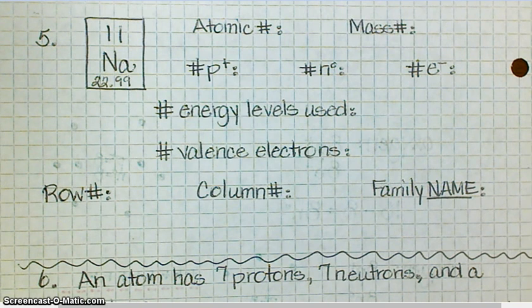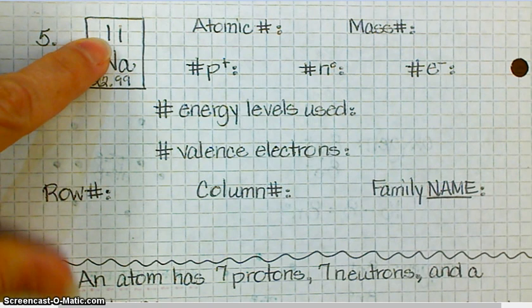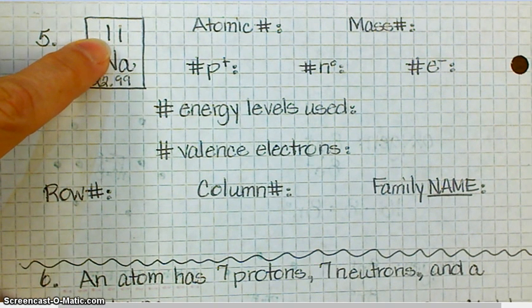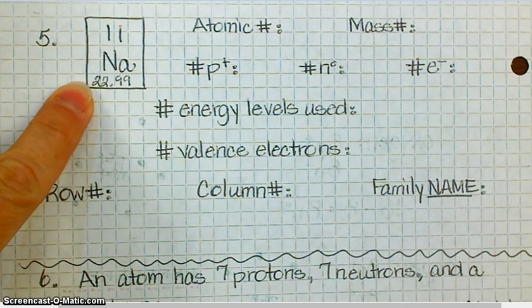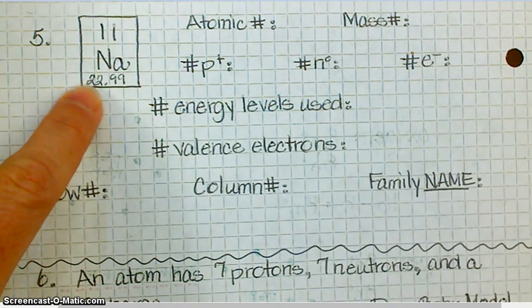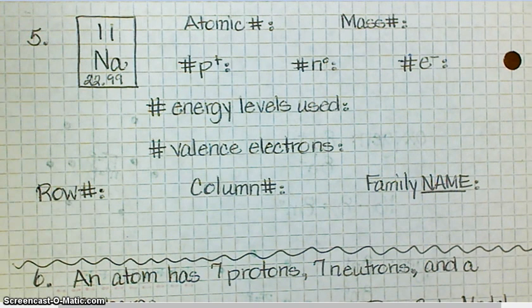All right, next on the back I have a box from the periodic table. The atomic number is 11. The mass number, you're going to round that off. 22.99 is the atomic mass, but it's not the mass number. Take that and round it off, and you should come up with 23 for your mass number.